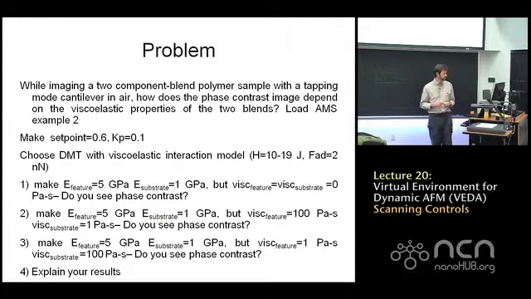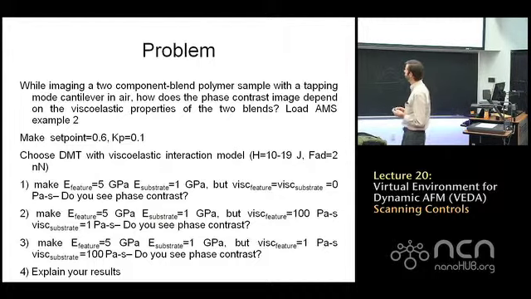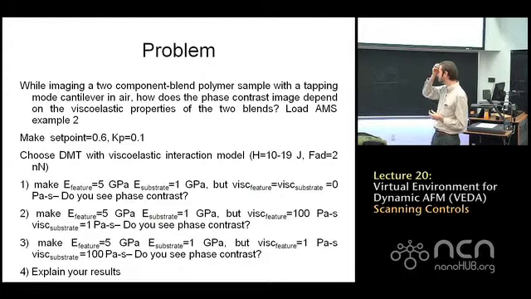So, here's a problem. We have a 2-component polymer blend. We're doing tapping mode in air. And how does the phase contrast depend on the viscoelastic properties of 2 regions?